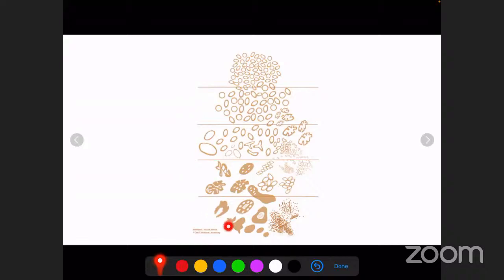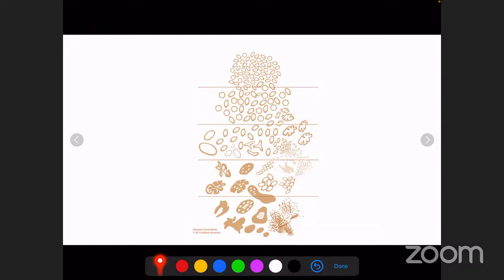And in grade 5, there are very pleomorphic, irregular glands, small cell change, and total loss of glandular pattern. So grade 1, 2, 3, 4, 5. This is the basic figure made by Gleason, but it has subsequently been modified over the years.